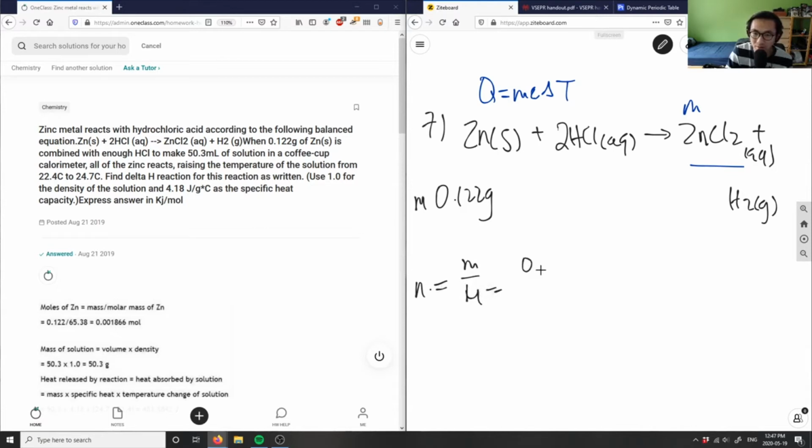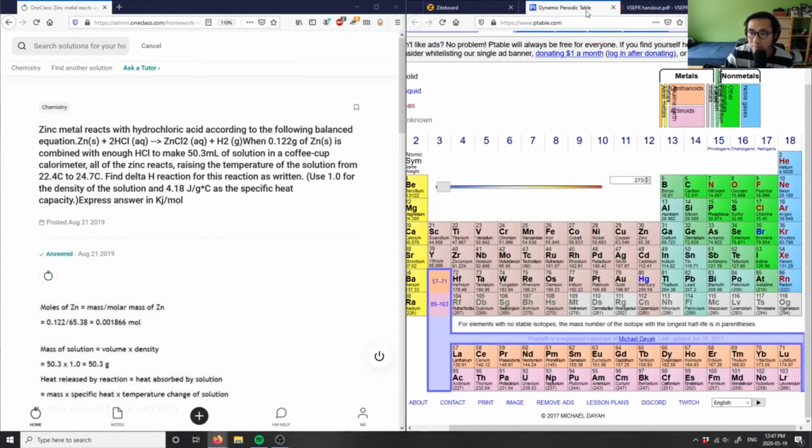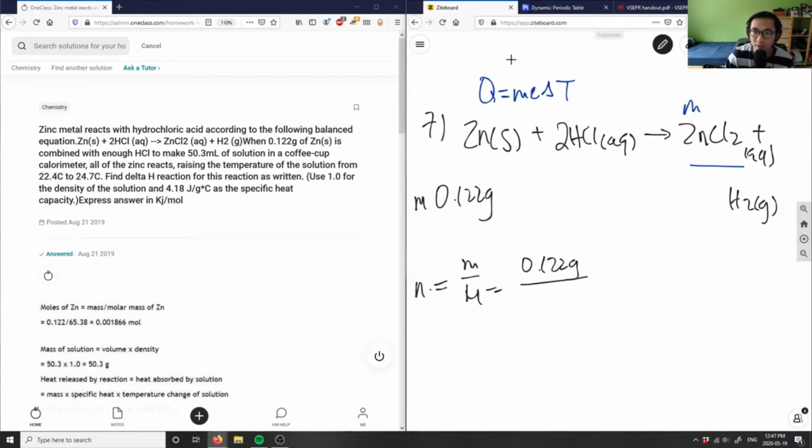So I have 0.122 grams divided by the molar mass of zinc. Going back to my periodic table, zinc is Zn, so this is 65.38.